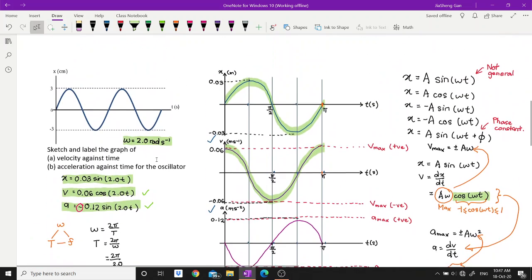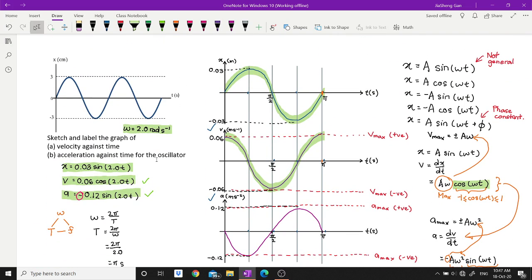Actually, if you notice the shape here, the xt graph, the vt graph, and the at graph are just shifted a little bit. What I mean is, if you are being lazy or you want to double check your answer, the velocity time graph should look something like this.